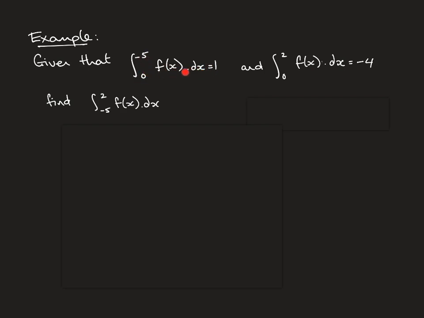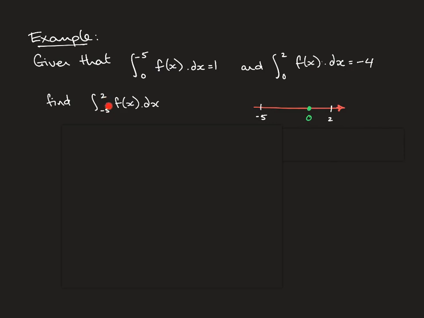So let's first of all put all of our terminal points, minus 5, 0 and 2, onto an x-axis. There we go. So what we've got to do is find from minus 5 to 2.